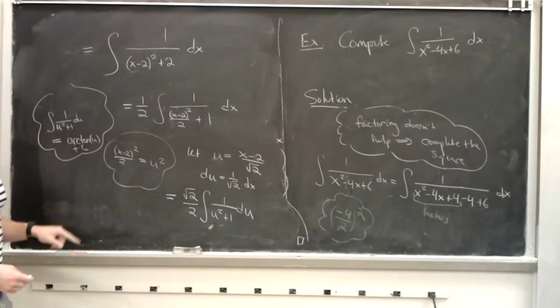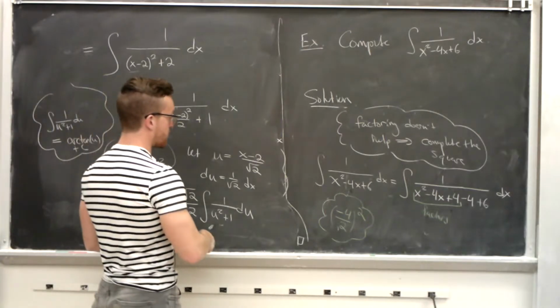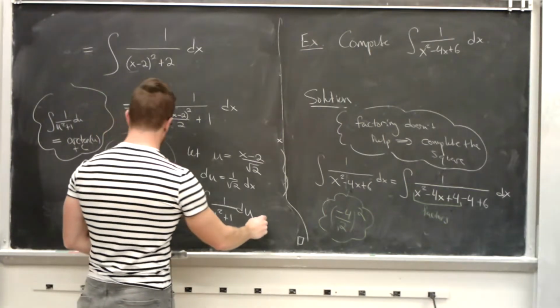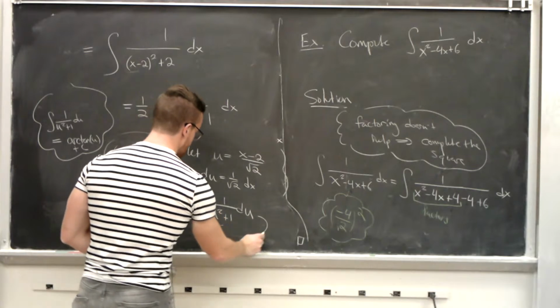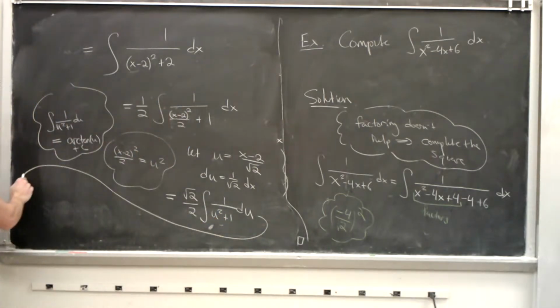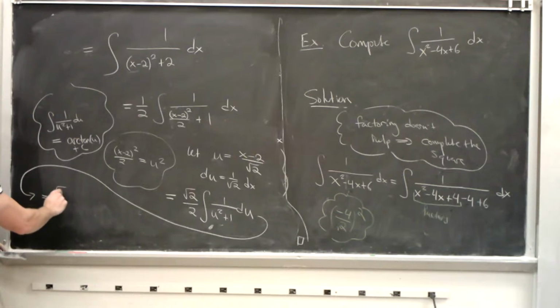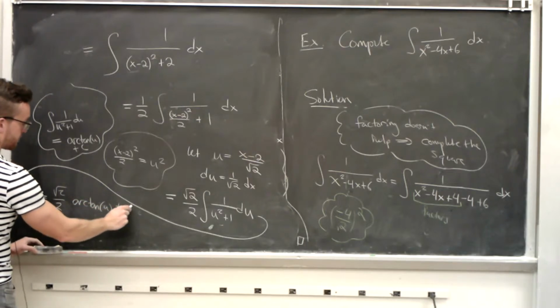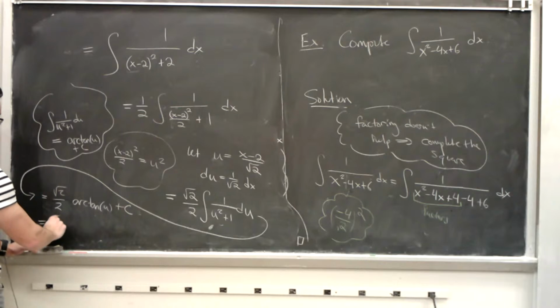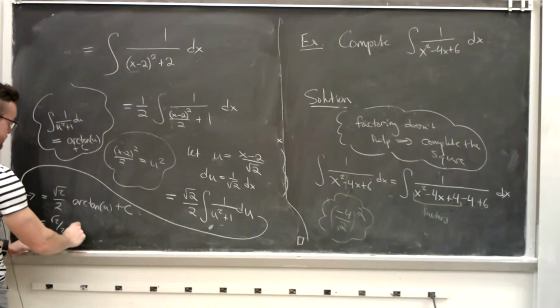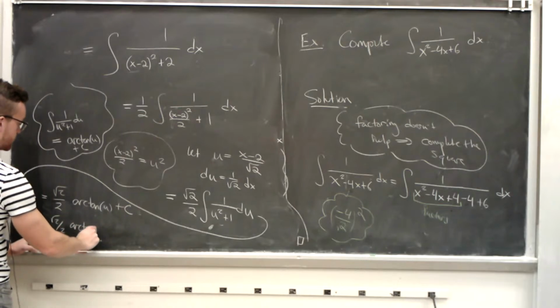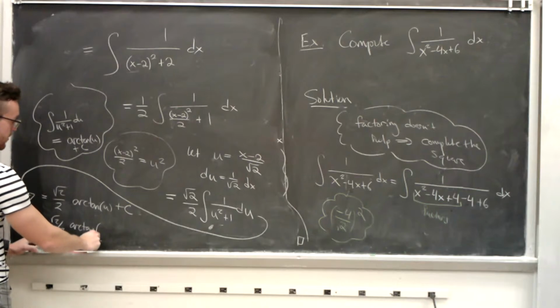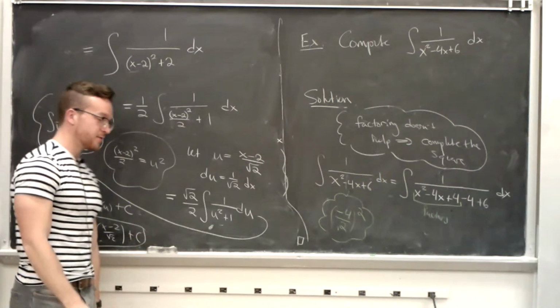That's arctangent. And then we are almost done. Okay, I'm going to awkwardly finish over here. Sorry about that. Got root 2 over 2, arctangent of u. Arctangent of, okay.